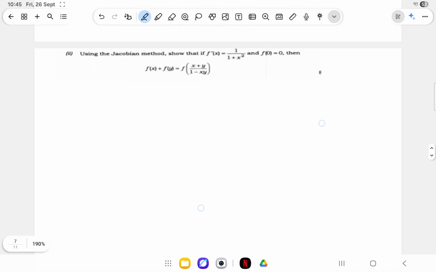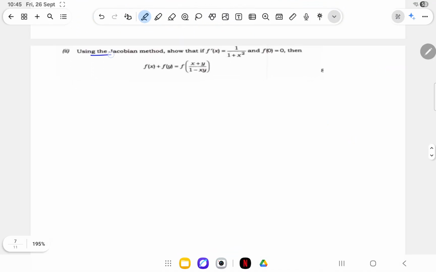In the next question they have asked that using the Jacobian method, show that if f dash x is 1 by 1 plus x square and f of 0 is 0, then we are supposed to show this relation.